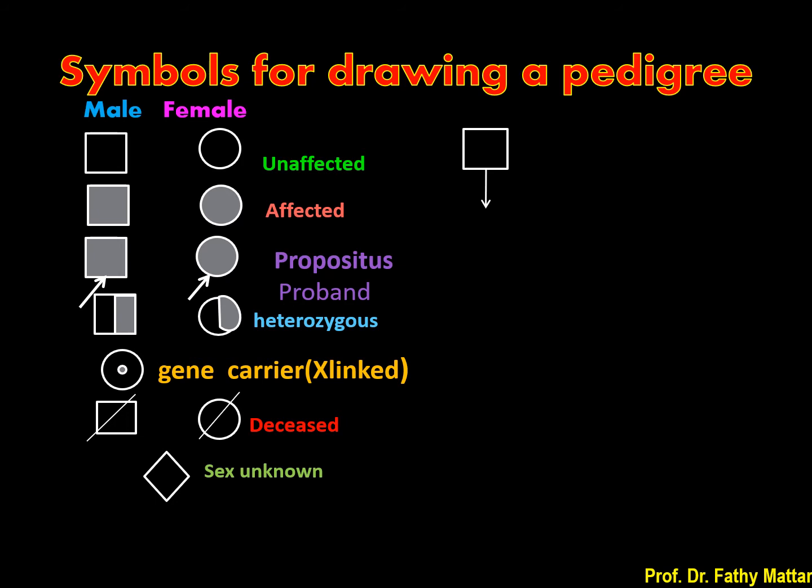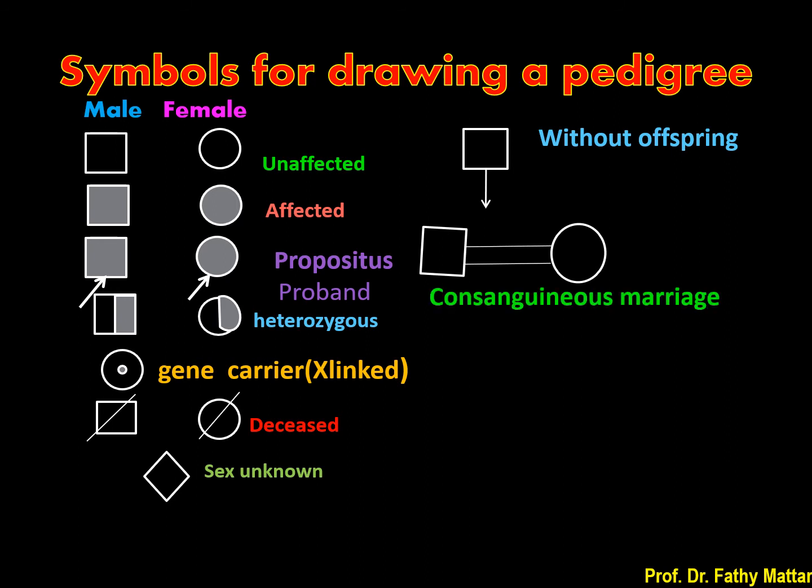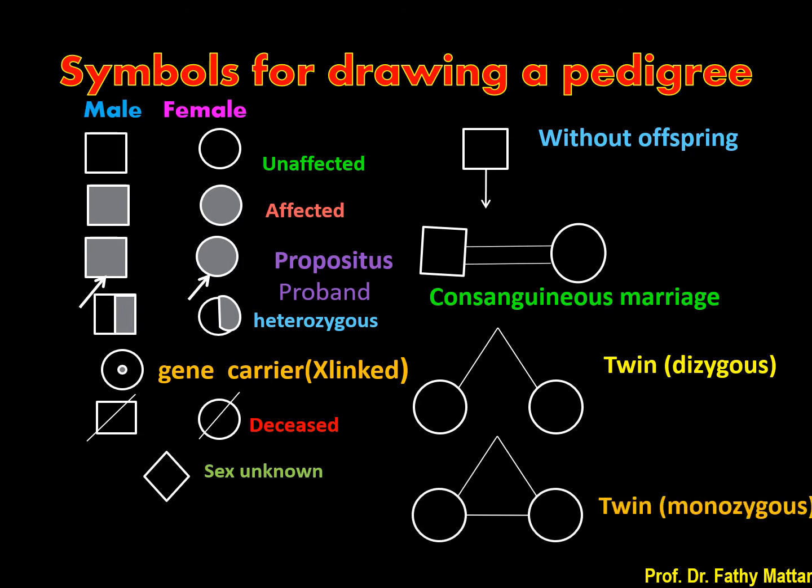A square with a line like this is a man without offspring, while this figure means a consanguineous marriage, that is, a marriage between two relatives, and this means dizygous twins, while this means monozygous twins.